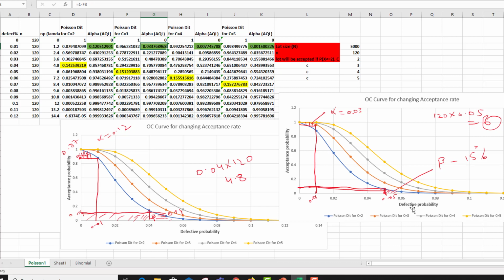However, raising the acceptance number for a given sample size increases the risk of accepting a bad lot. Suppose that now the lot has 6% defective: 0.06 multiplied by 120, so we would expect more than 7 defective units in the sample.